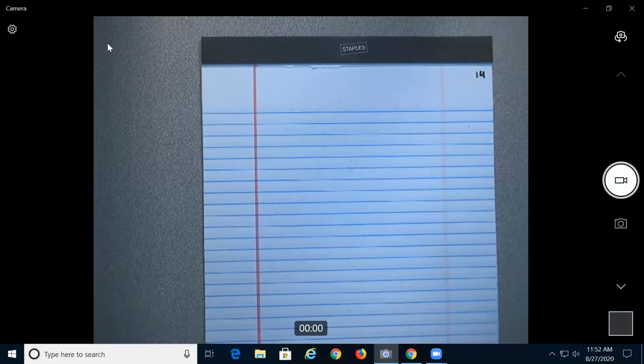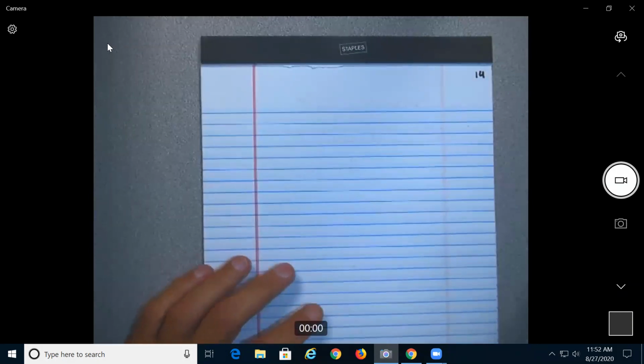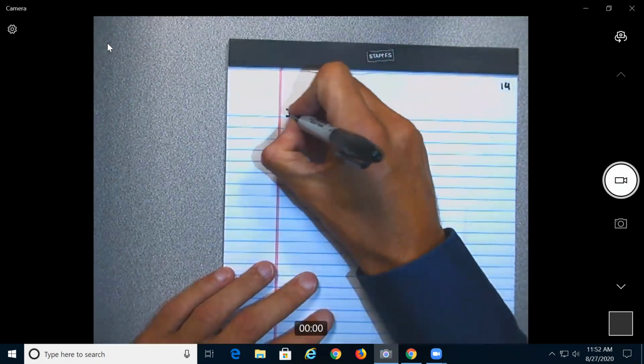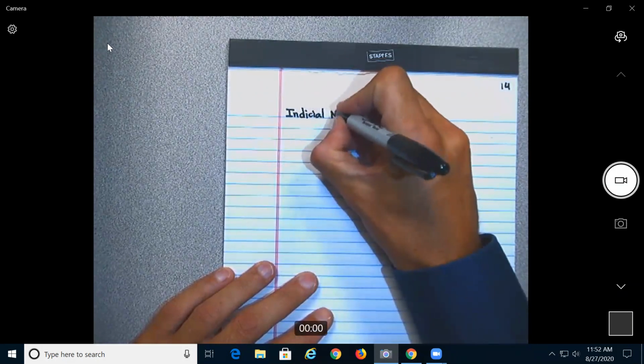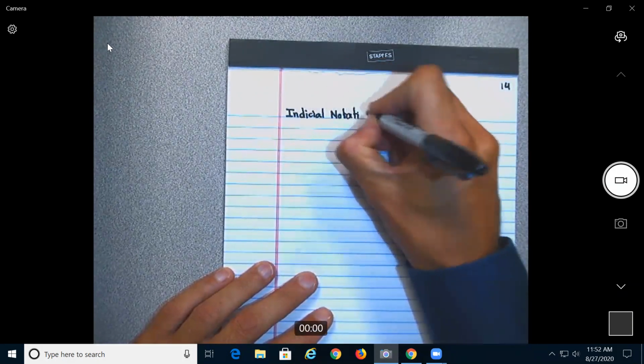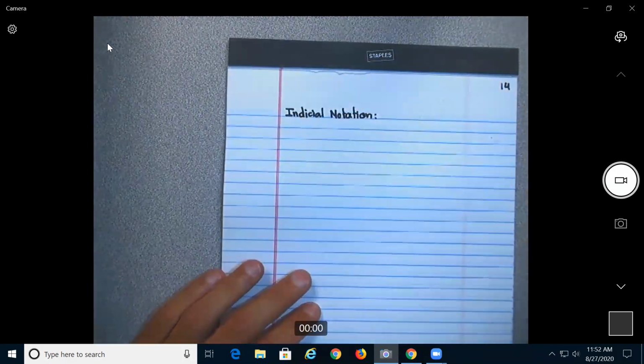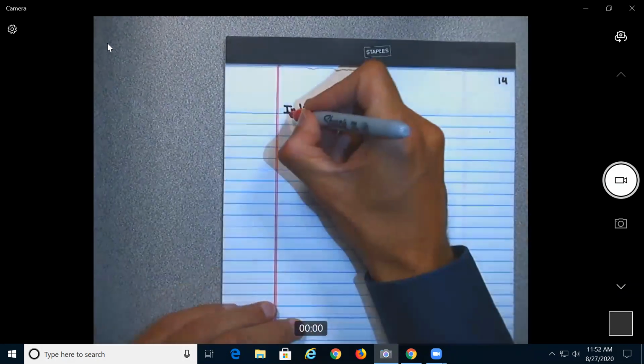So now we're going to look at the index notation, which basically is what you were just referring to.